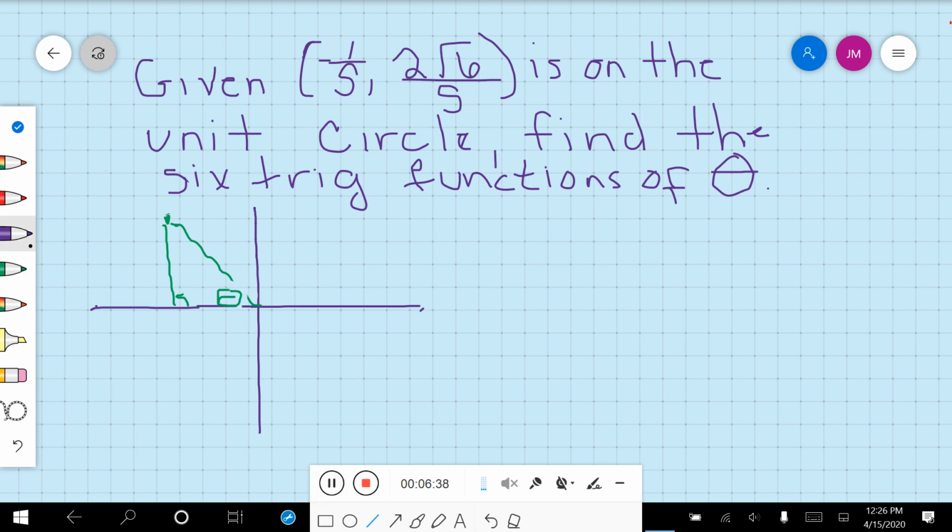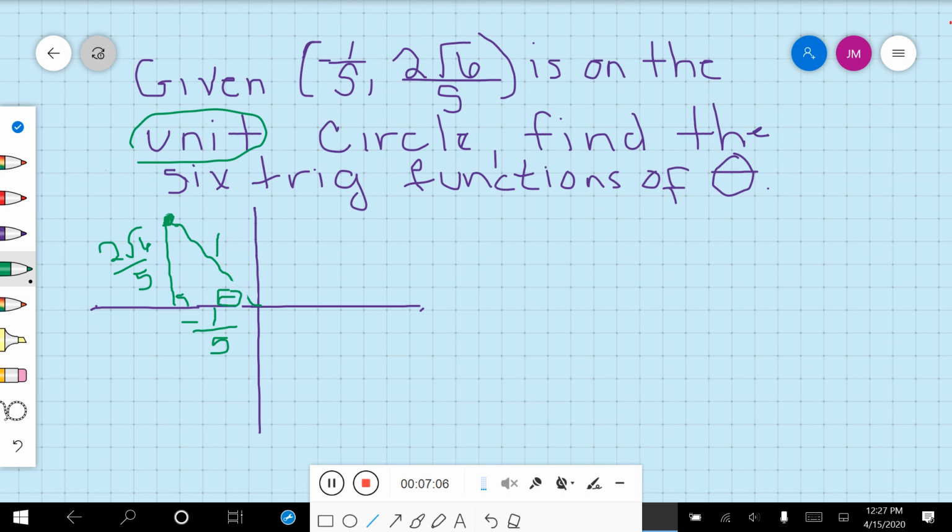So this point right here represents the point negative 1/5, 2 root 6 over 5. So I would go along this axis negative 1/5, and I'd go up the y-axis 2 root 6 over 5. And this is 1, because it's on the unit circle.